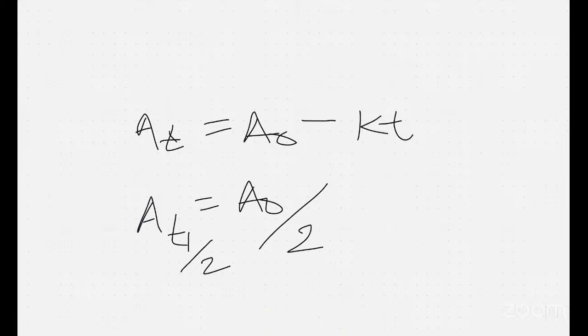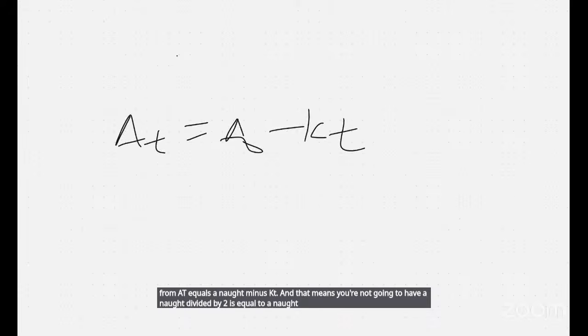Remember, you're coming from At equals A naught minus kt. And that means you're now going to have A naught divided by 2 is equal to A naught minus kt.